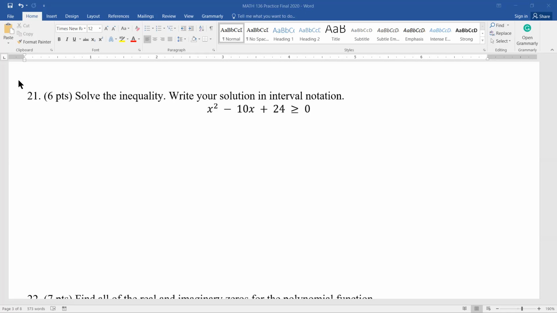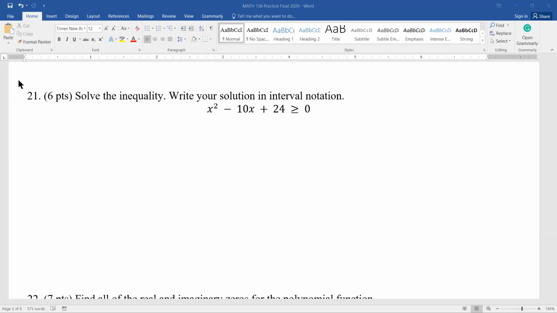So then I'm going to take 5 squared minus 10 times 5 plus 24. And when I do that, I get -1. So the whole left side here equals -1. Is -1 greater than or equal to 0? Well, no, absolutely not. So that middle region does not work.